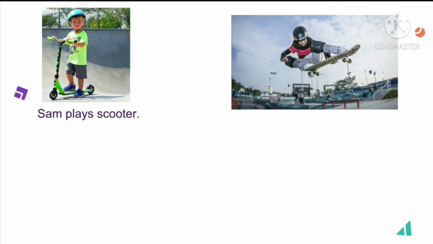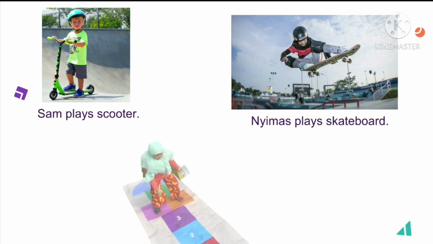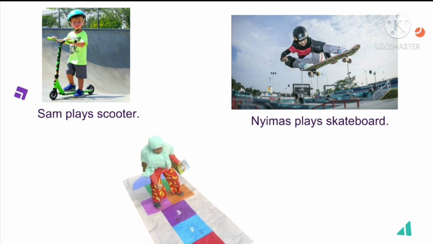So, we say it as Nimas plays skateboard. Yes, Nimas plays skateboard. And how about this one here? It's a hopscotch. So we say it as Sarah plays hopscotch. Wonderful, everyone. Good job.